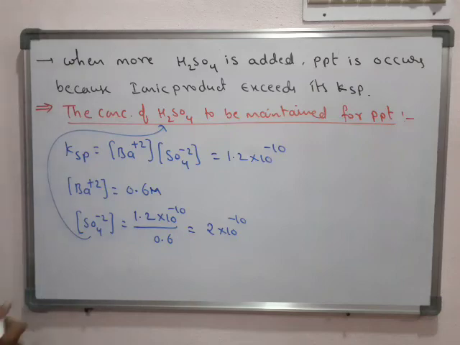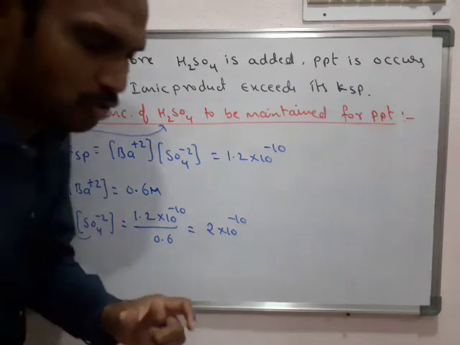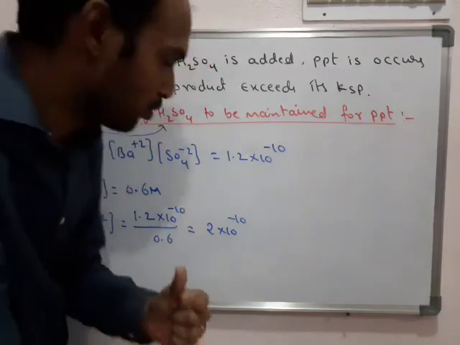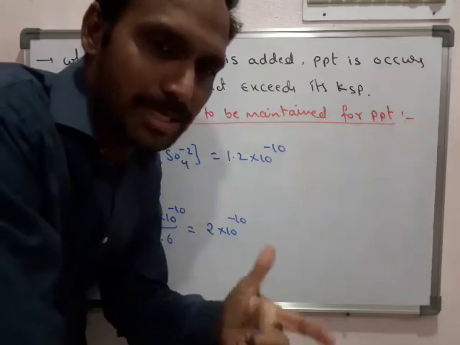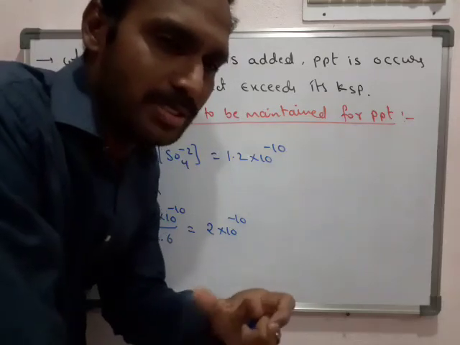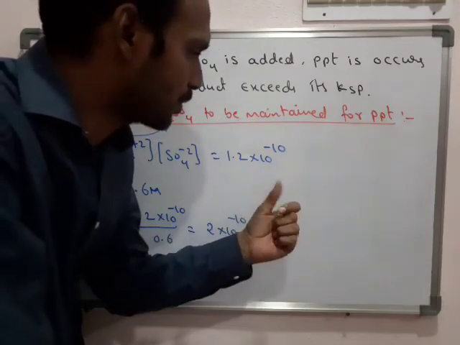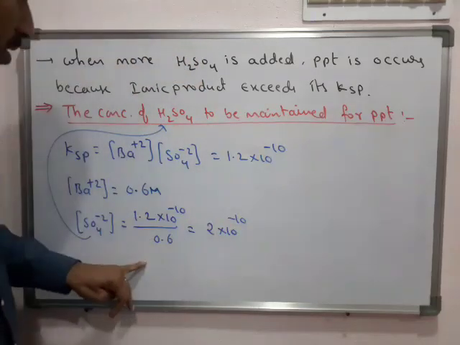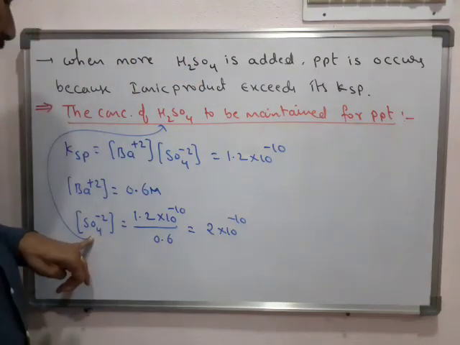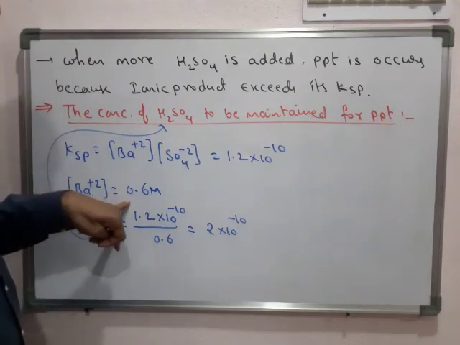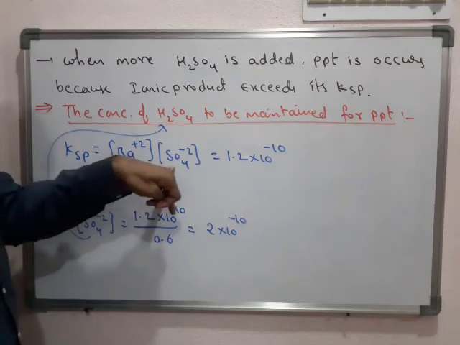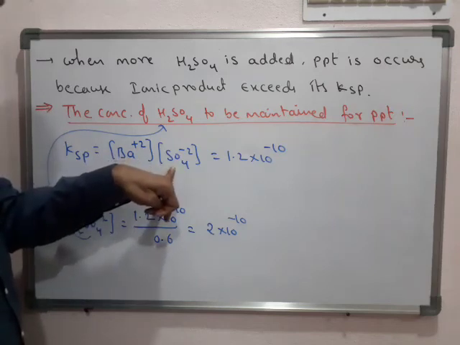That means so ikkada SO4 minus 2 concentration, so barium sulfate ionic product 1.2 into 10 power minus 10. So next precipitation కావాలంటే సో కంపల్సరీగా 1.2 into 10 power minus 10 యూజ్ చేసుకొని చేస్తే, సో సల్ఫేట్ ఎక్కడ నుంచి వస్తుంది మనకి, ఫ్రమ్ H2SO4. ఆల్రెడీ బేరియం ప్లస్ 2 కాన్సన్ట్రేషన్ ఇచ్చాడు. ఈ బేరియం ప్లస్ 2 కాన్సన్ట్రేషన్ బేస్ చేసుకుని we calculate the SO4 minus 2 concentration.